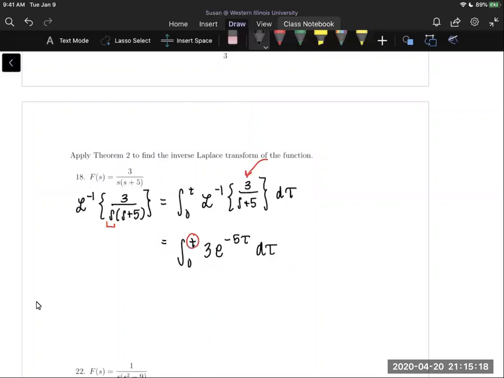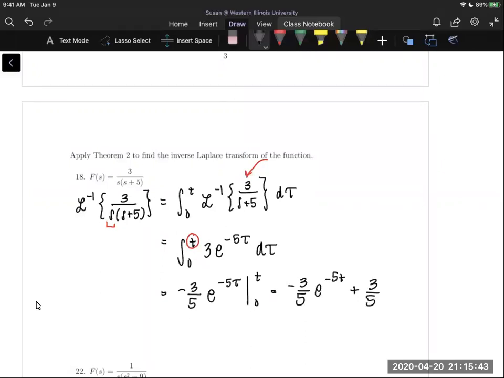So now we can directly integrate this. When I integrate, I'm going to pop out a negative 1/5. So I have minus 3/5 e to the negative 5 tau from 0 to t. So this becomes negative 3/5 e to the negative 5t, and then minus a negative, or in other words, plus 3/5.